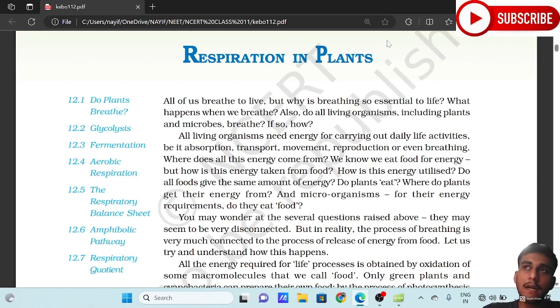So in photosynthesis, plants produce glucose. This glucose is used in a variety of processes in plants. One of the processes is the usage of glucose in storage form. Glucose is a carbohydrate, and we know that glucose is easily soluble in water.